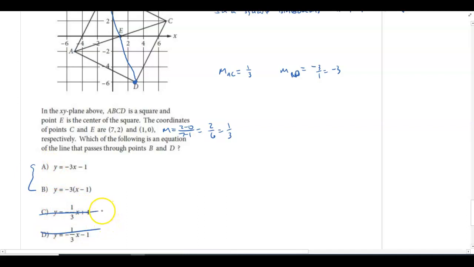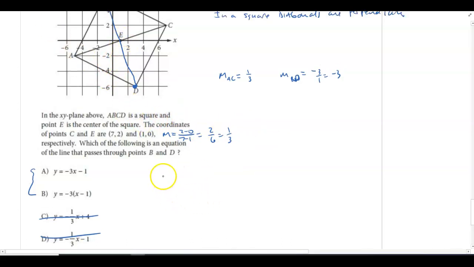Well, if I look at this, where does it look like it crosses the y-axis? Is it easy to tell? No. But all I'll do is take the point E. So I know the slope of this line is negative 3, and I know point E is on it, and point E has the coordinates (1, 0).